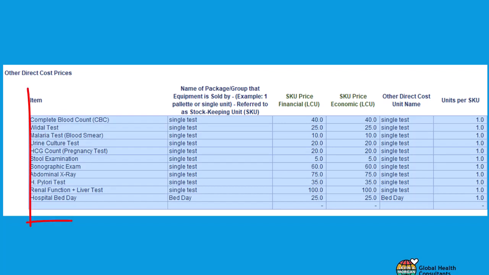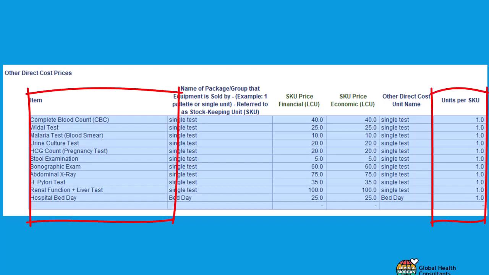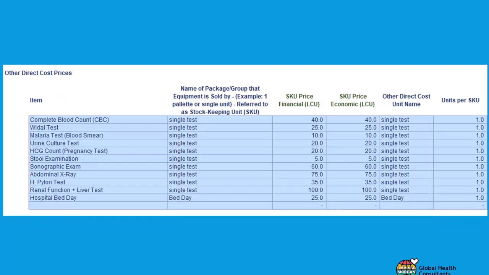And in all of these cases, you'll see it's 1 unit here per single test or bed day. This should be fairly easy. Just make sure that if you have tests as part of the procedure, that you put all of them down in this other direct costs.